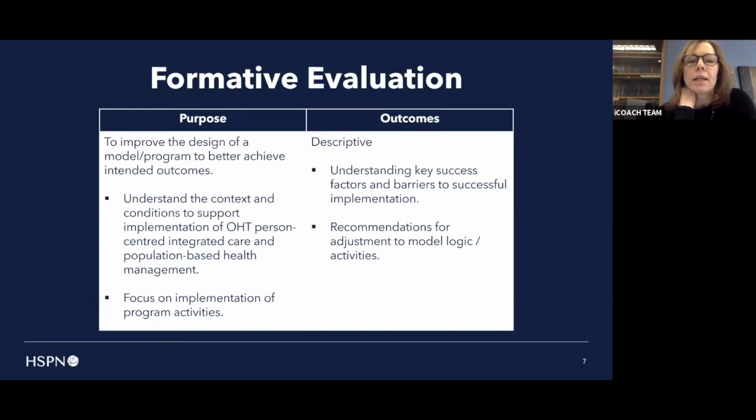The purpose of it is to understand the context and conditions that are necessary to support implementation of the OHT for creating patient-centered integrated care and population-based health management. It really focuses on your program activities that are essential to implementing this new model of care.